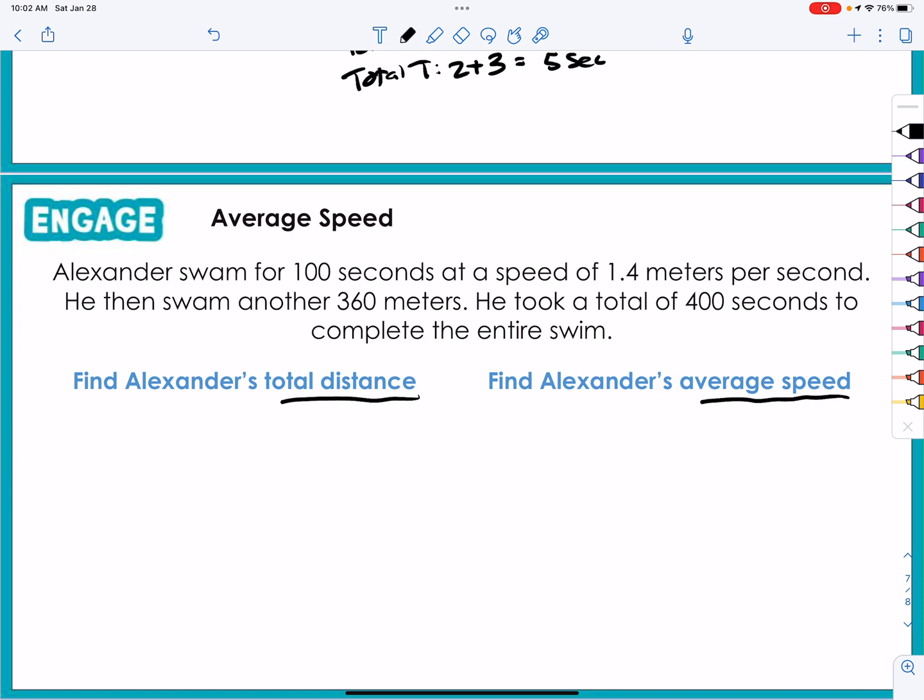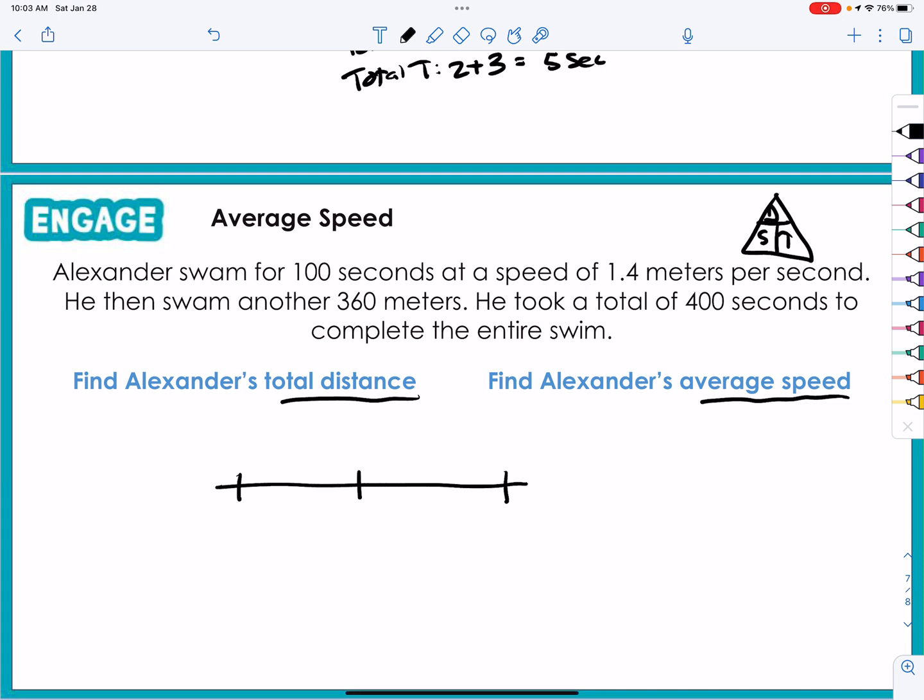Okay, so Alexander has broken his swim into 2 sections. We have part 1, where he swam for 100 seconds, and then part 2. Okay, so I gotta organize this information according to my triangle, because this is the key that unlocks it. What do I know? What don't I know?